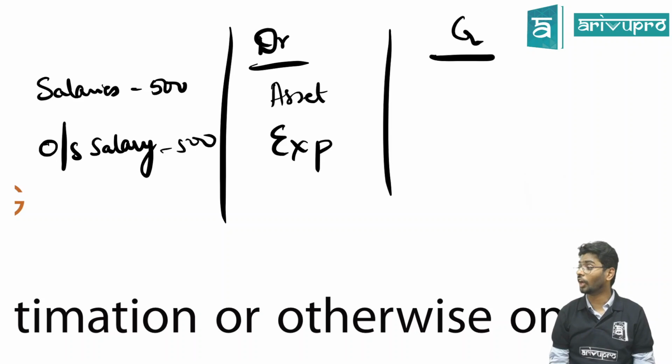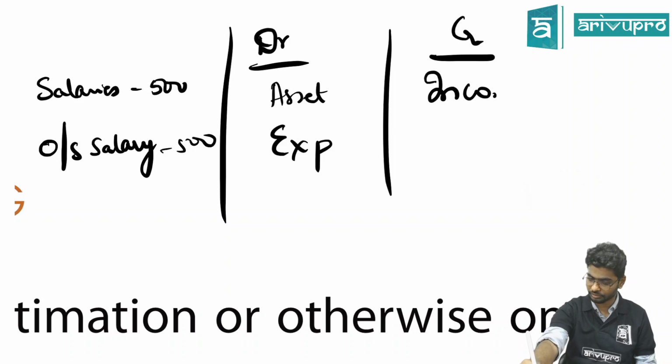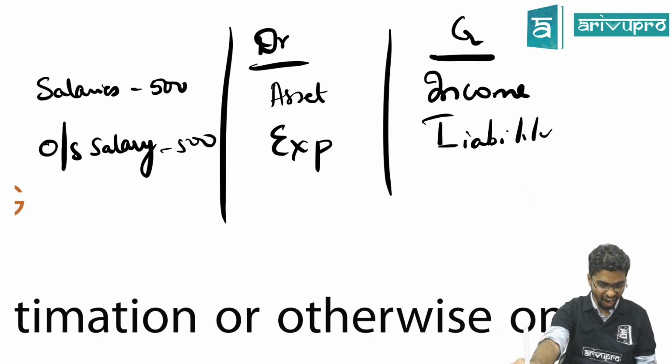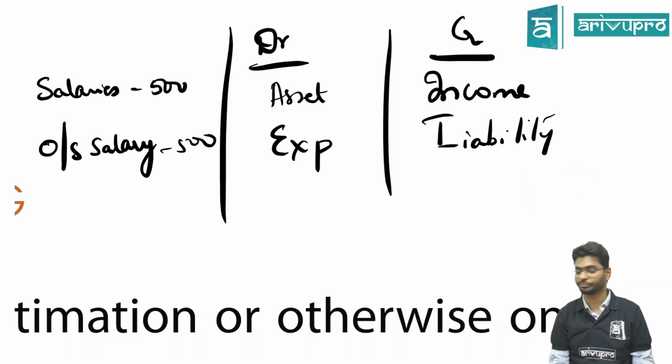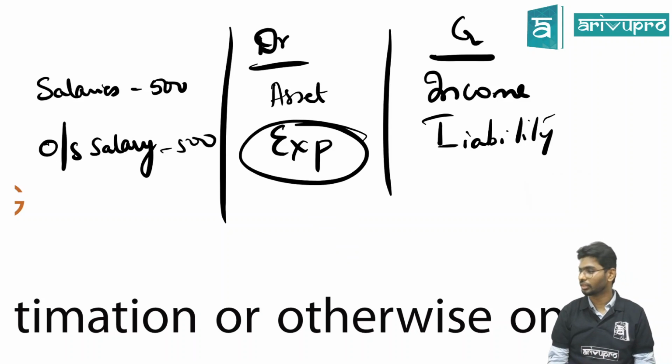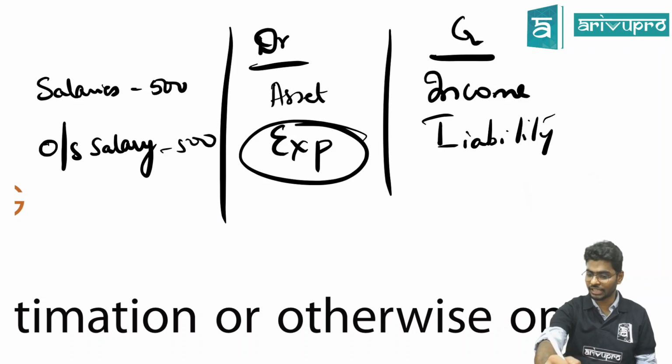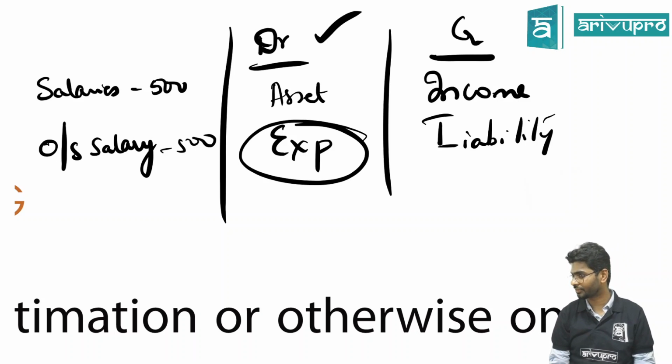Correct? What can be an option for credit? Correct. Now, first thing, let me classify. Salaries. Which of the four does it fall into? Expense. That means now debit is taken care of.